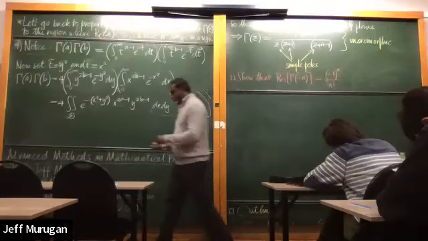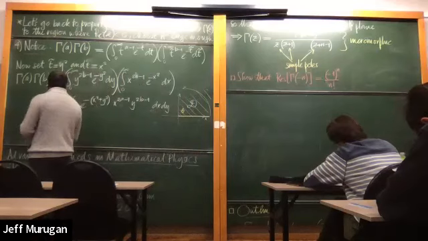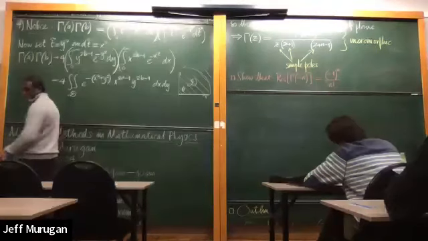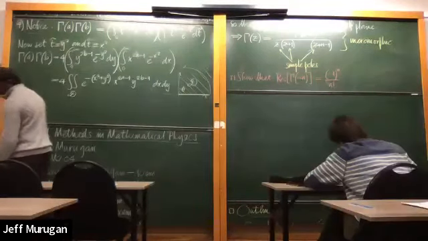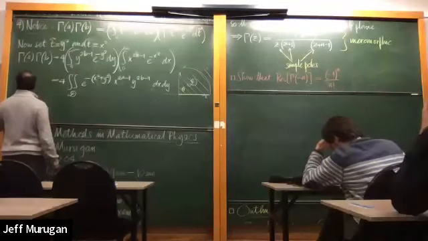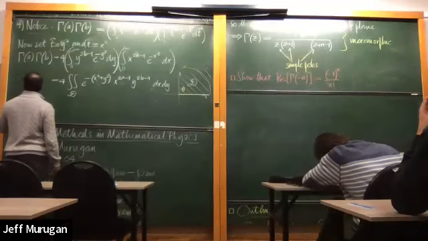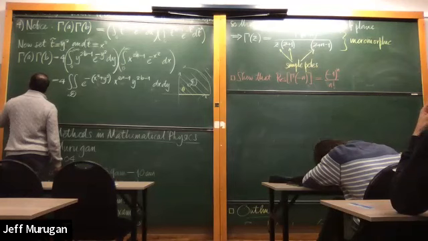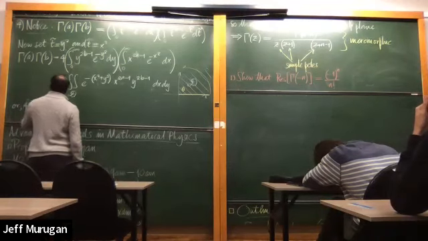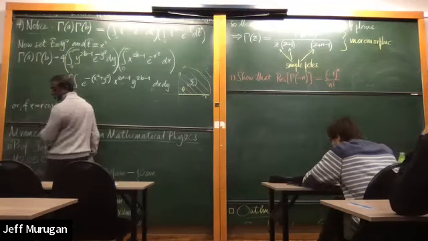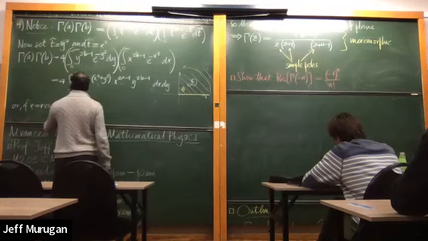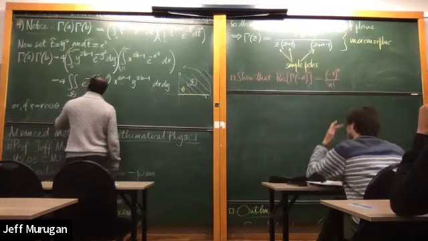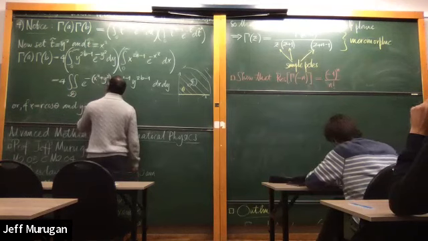So I can change variables again to polar coordinates by defining x as r cos theta and y as r sin theta.